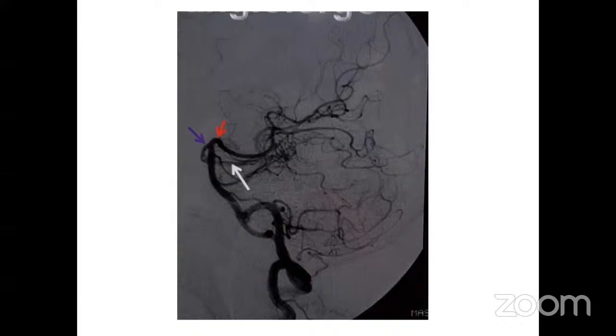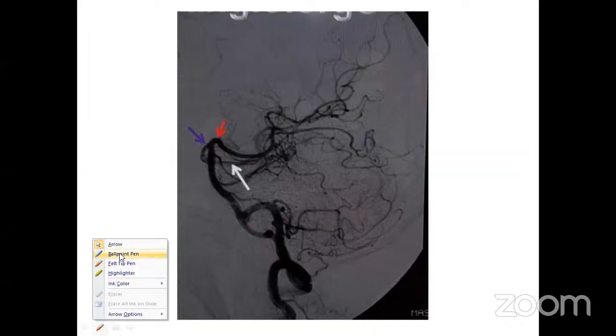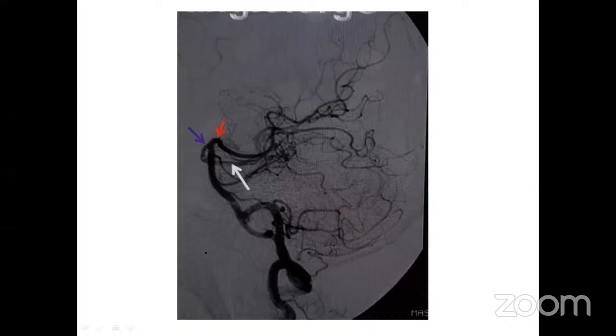Now what you have told in that lateral image, try to explain regarding that in the similar image.